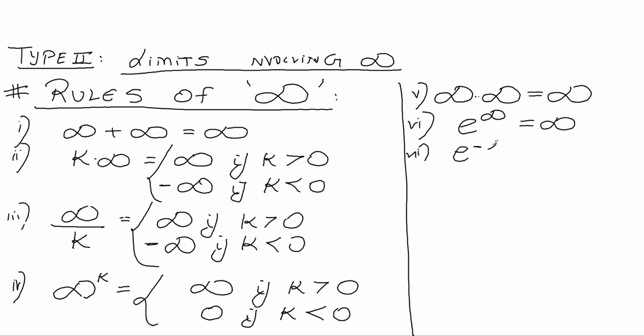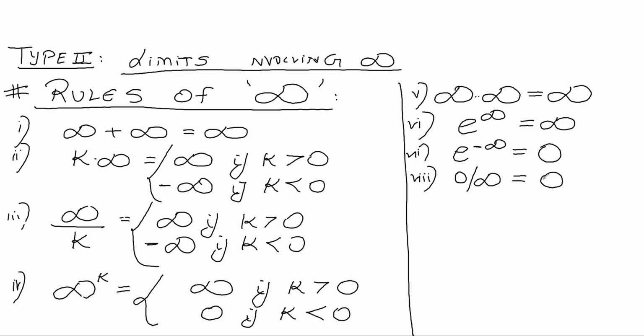E to the power minus infinity is 0. And then we have the seventh rule, the eighth rule, which is 0 upon infinity is 0.